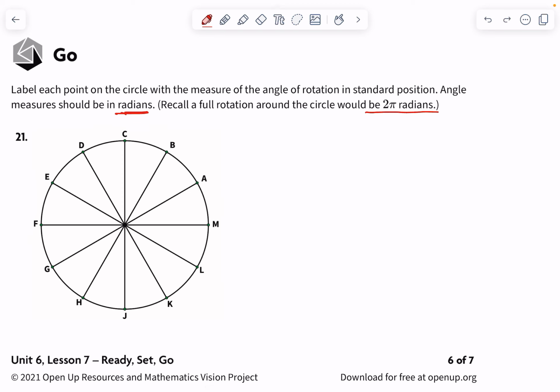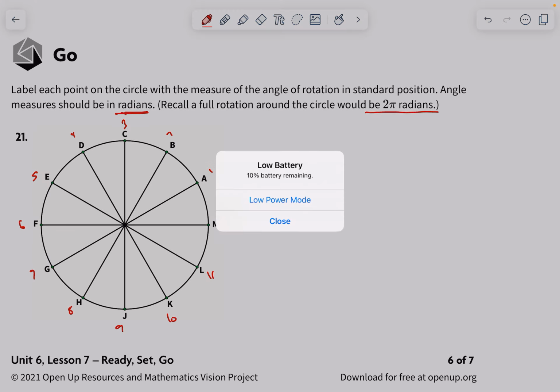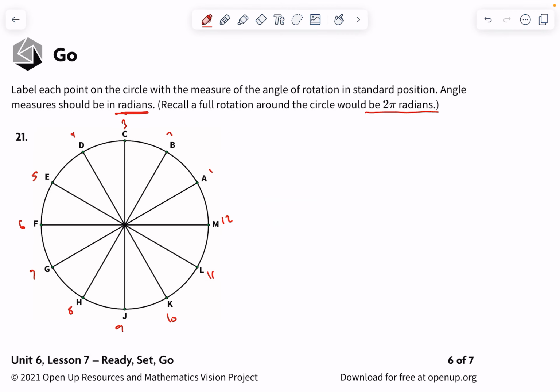So let's see how many times this has been cut: 1, 2, 3, 4, 5, 6, 7, 8, 9, 10, 11, 12. That means that each of these should be equal to 2 pi over 12, which is equal to pi over 6. That means that the first one should be pi over 6.